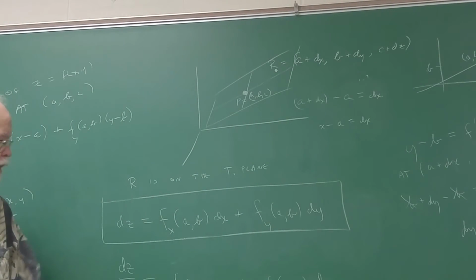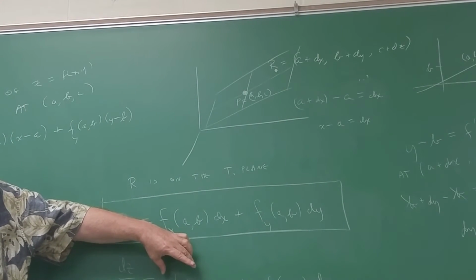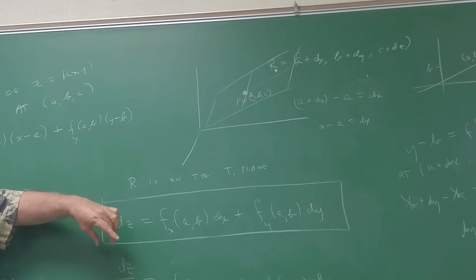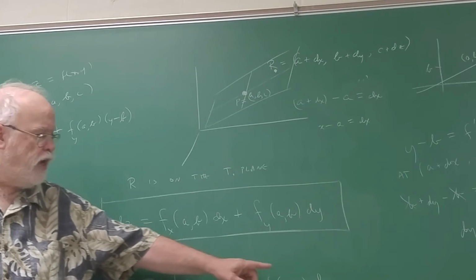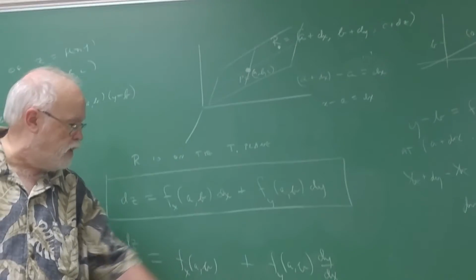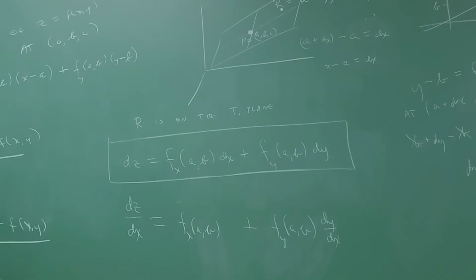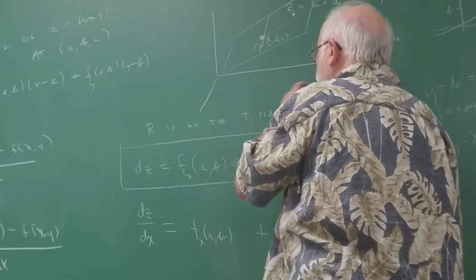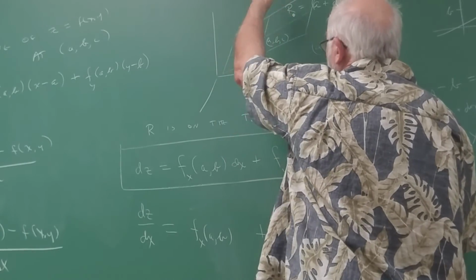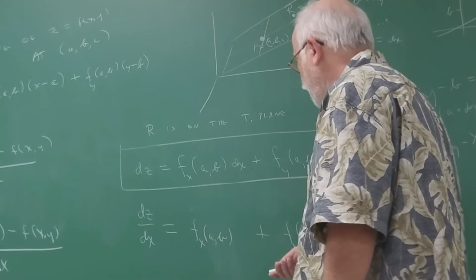In other words, this x partial derivative is not found by doing the change in z over the change in x. Not unless the change in y is 0. If the change in y is 0, then that must mean that we're going along this line here. But if we just go to some random point, it's not true.